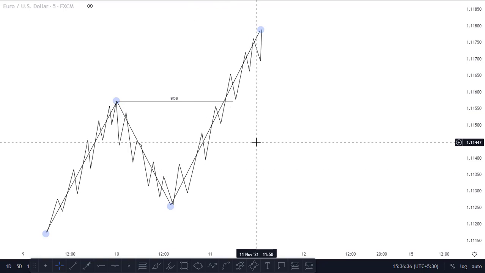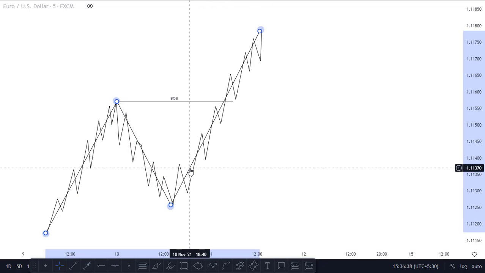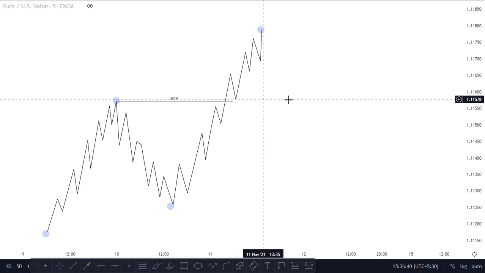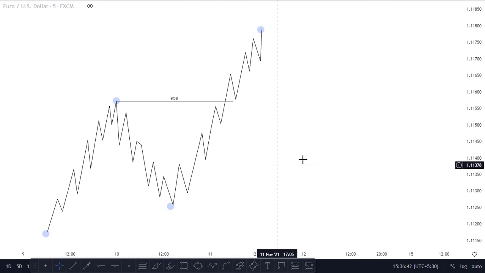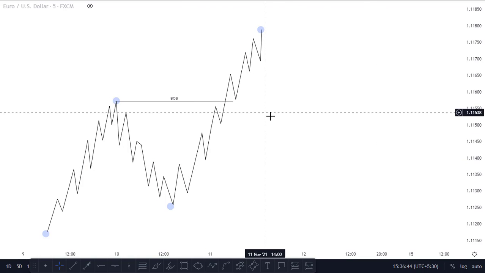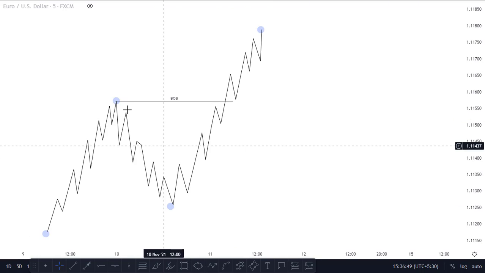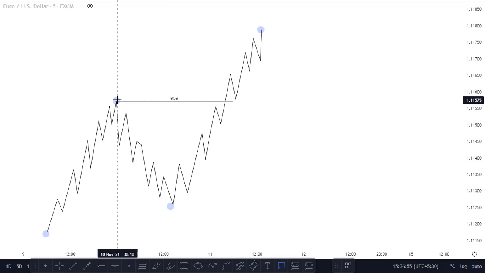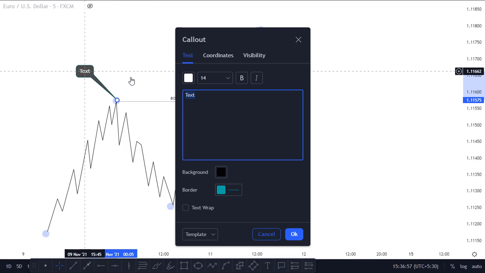So as price is pushing higher, we have to remove this middle line so that we see exactly how price is moving. As price is moving higher, it is going to break external liquidity.